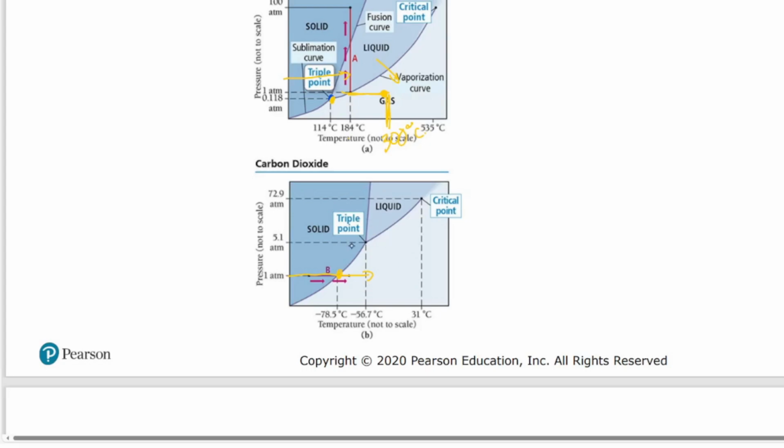Okay, and this would begin to occur at negative 78.5 degrees C. We see that carbon dioxide also has a critical point. Now, critical point is something that isn't going to be observed under natural conditions. We would need a high pressure vessel to observe that type of phase change.